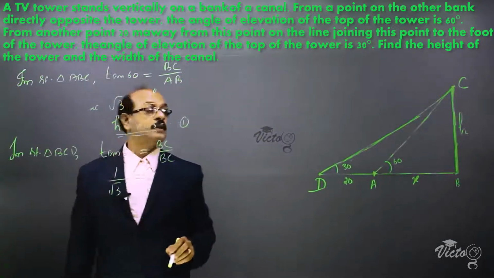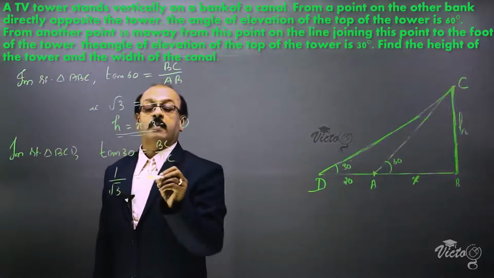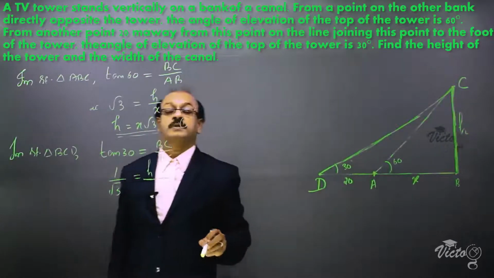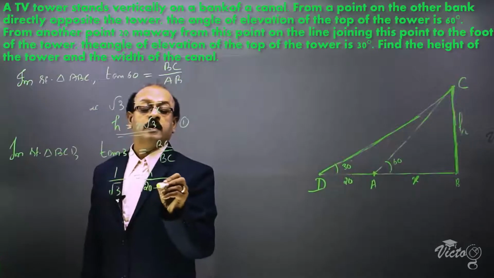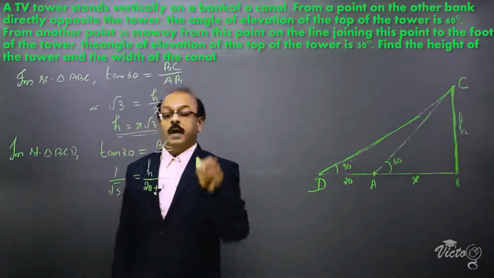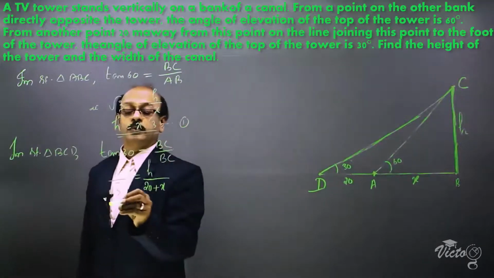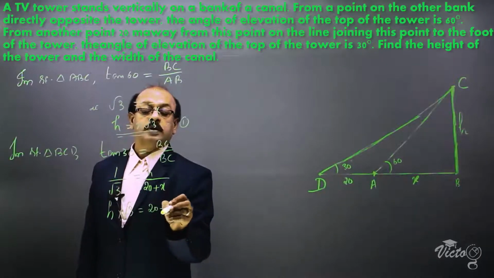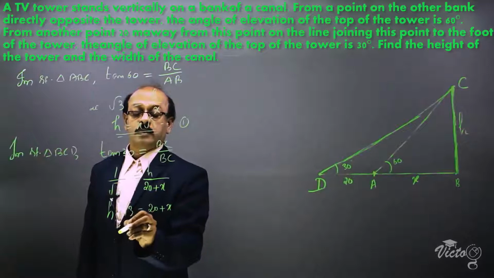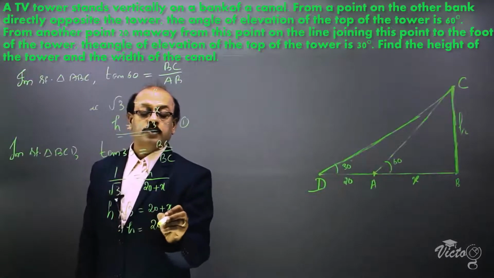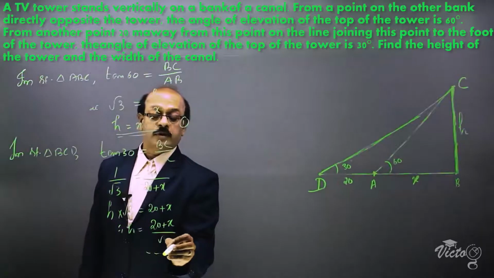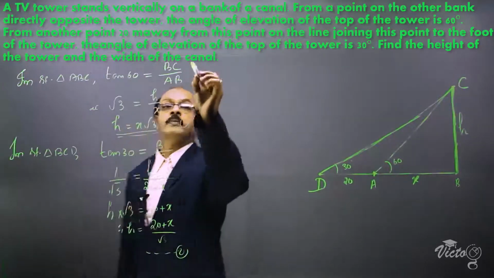So 1 by root 3 is equal to h divided by the adjacent side BD, which is 20 plus x. Cross multiplying, h into root 3 is equal to 20 plus x. Therefore, h is equal to 20 plus x divided by root 3, equation number 2.